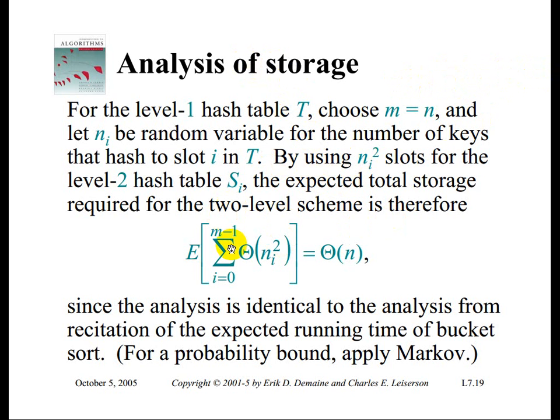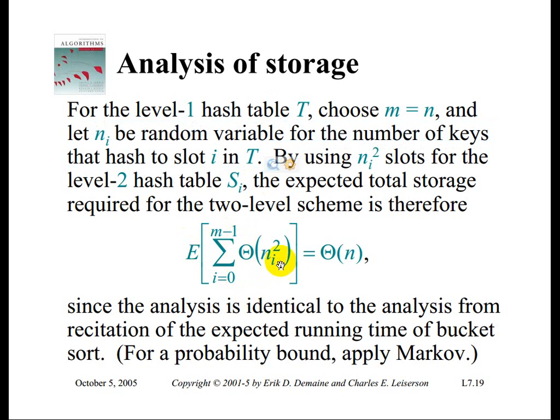Even if you do the total number of slots, and you figure out the expectation of this number, where ni is the random variable for the number of keys that hash into slot i in T, where T is the hash table, then what is the probability that there are no collisions, one collision, two collisions, and things like that.